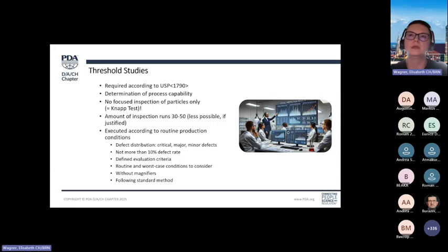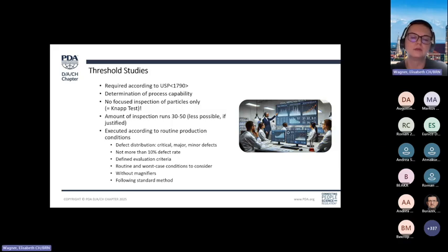And the intent is that you compile a threshold test set. It consists of all possible defects, and critical, major and minor defects have to be in. Not more than 10% defects should be in, like in routine qualification test sets.